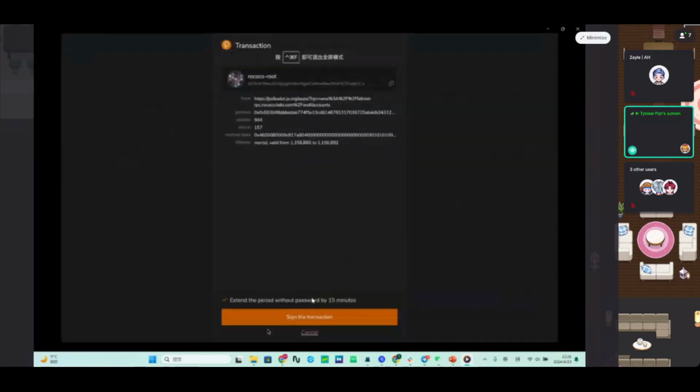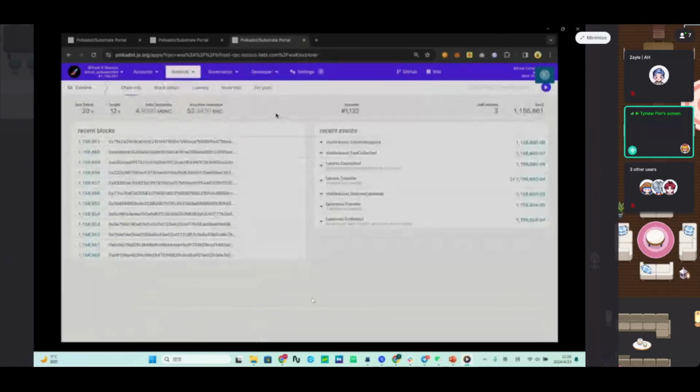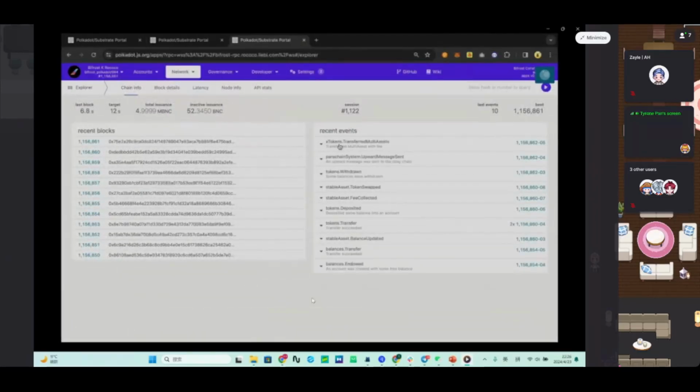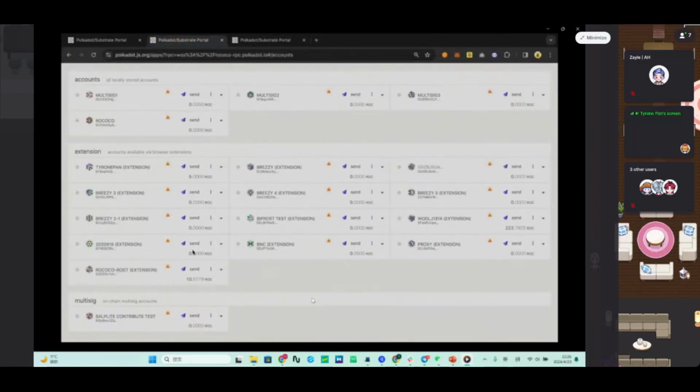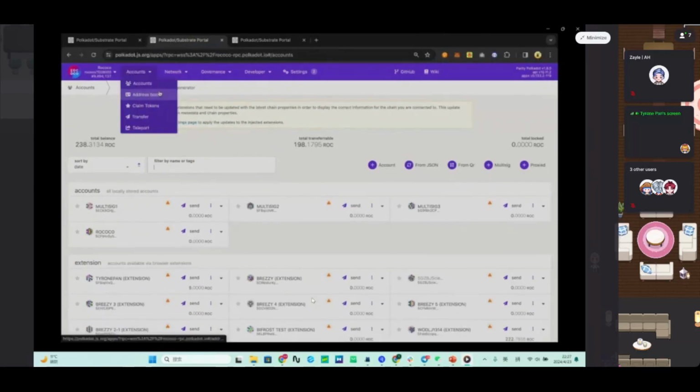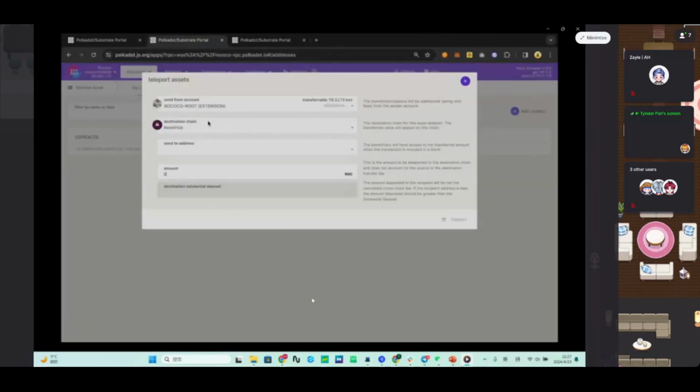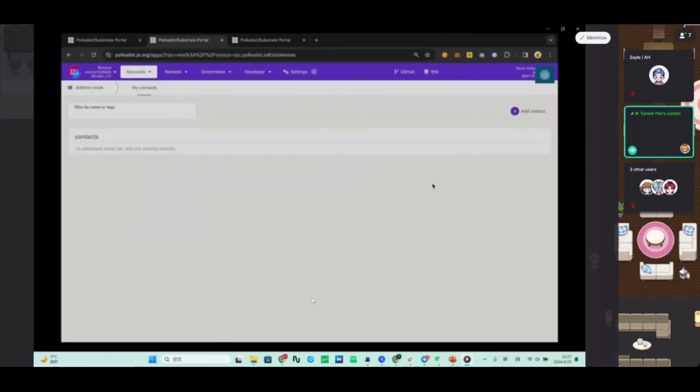I'm executing the XCM to teleport that asset to the Coretime parachain. Sorry, I was sending some asset to Rococo, so right now I need to teleport some asset from Rococo to the Coretime parachain.